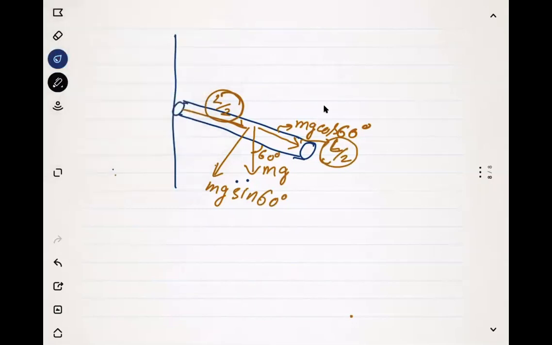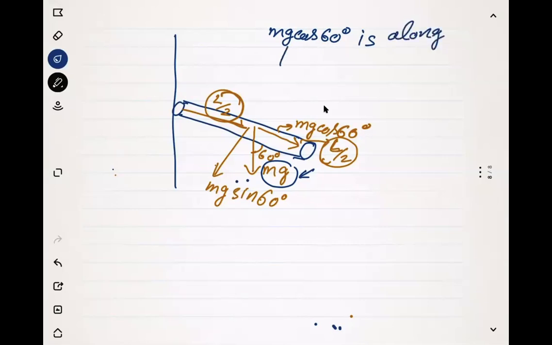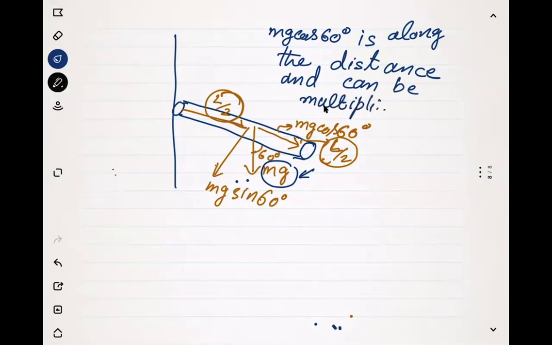Now, after resolving, what is the status? What will be the moment of mg? If it's to be calculated, then you have to focus on the components. mg cos 60 is along the given distance, so it can be ignored.